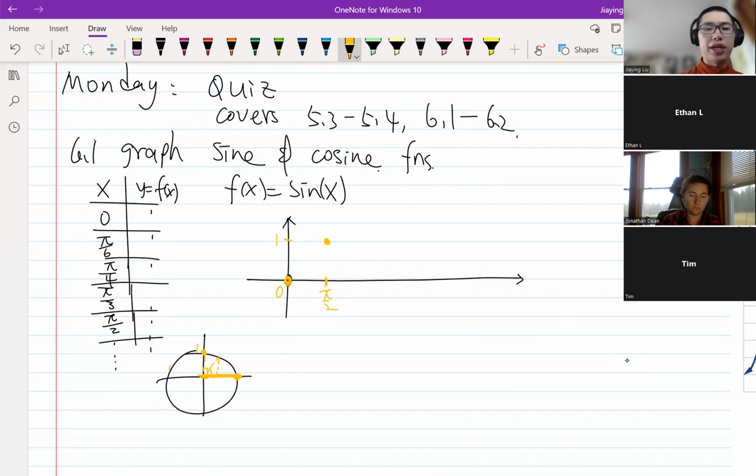And when it gets to pi, it's going to come back down to 0. And if the angle continues to increase to 3 pi over 2, the y is going to be -1. So the sine is going to be -1. And when it gets to 2 pi, the sine value goes back to 0.